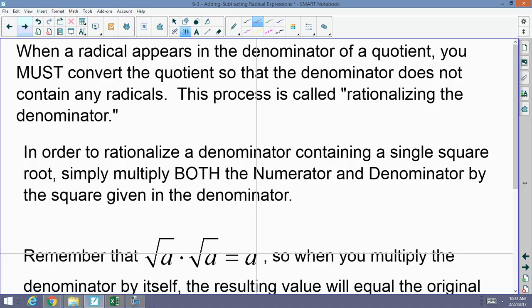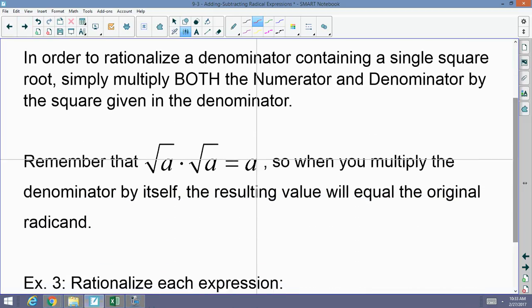Well, here it is. In order to rationalize the denominator containing a single square root, simply multiply both the numerator and the denominator by the square root given in the denominator.